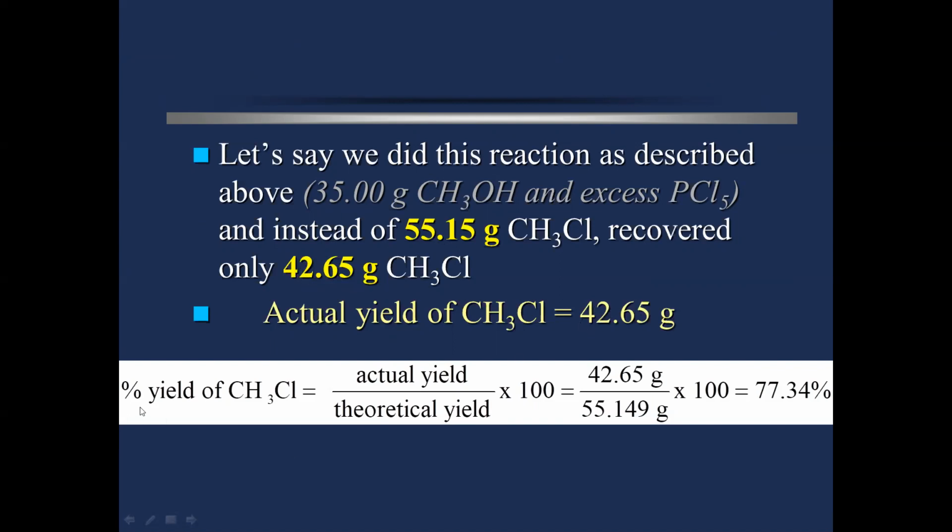Then what is the percent yield of this product? It is calculated by the actual yield over the theoretical yield, times 100%. So that is 42.65 over 55.15. By doing this, we can calculate the percent yield, which is very important because we want to know the percent yield for a reaction.